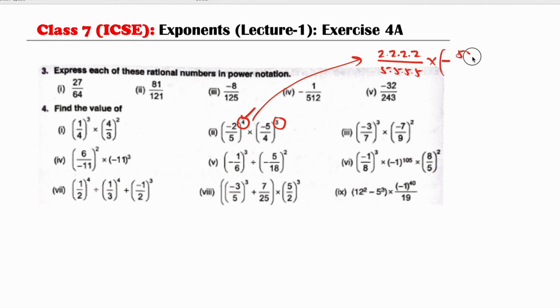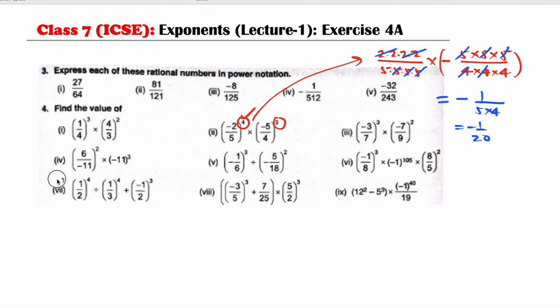We get 5 into 5 into 5 divided by 4 into 4 into 4. Let's cancel it out. 4s are cancelled, 5, 5, 5, 3 times cancelled out. So what we get? Negative sign outside. This is 5 into 4, it becomes minus 1 by 20.